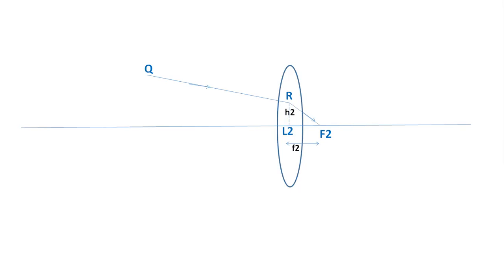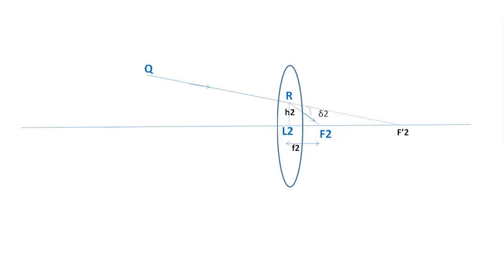And in the absence of the lens L2, the QR travels without any deviation. But due to the presence of the lens L2, the light ray QR gets refracted. Therefore, it shows an angular deviation of delta 2. That is the deviation produced by the second lens.